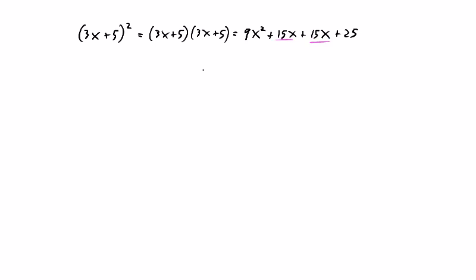We have 15x twice, so obviously those are like each other and we can add them. So we end up with 9x squared plus, let me write in, 30x plus 25. Let me write a second example worked out, and then let's look for the pattern.